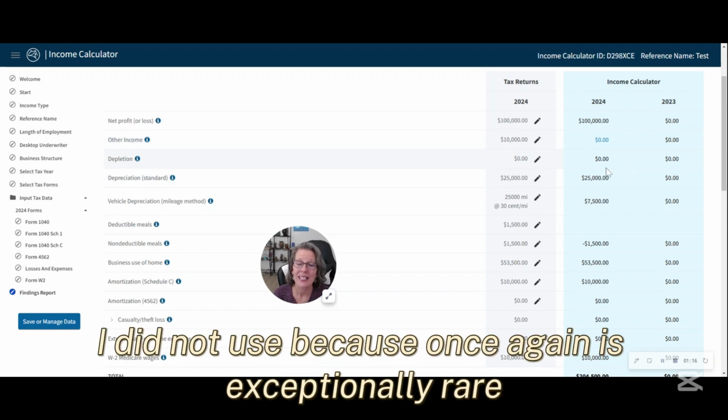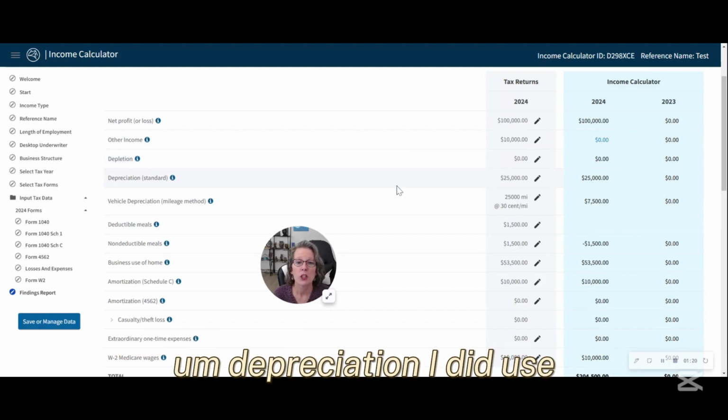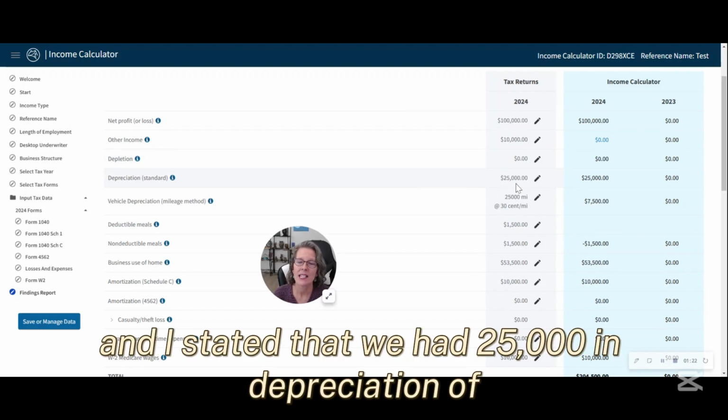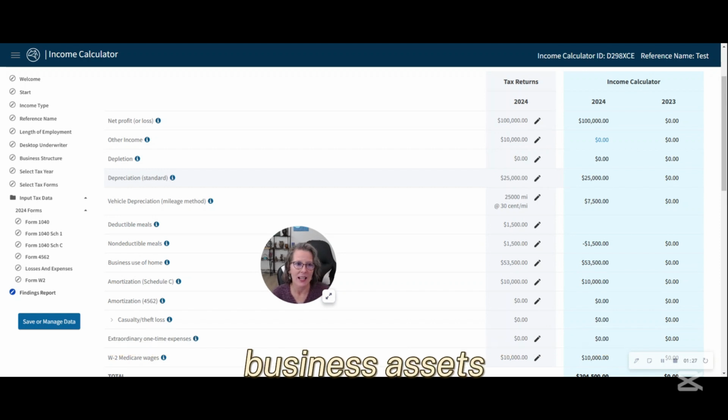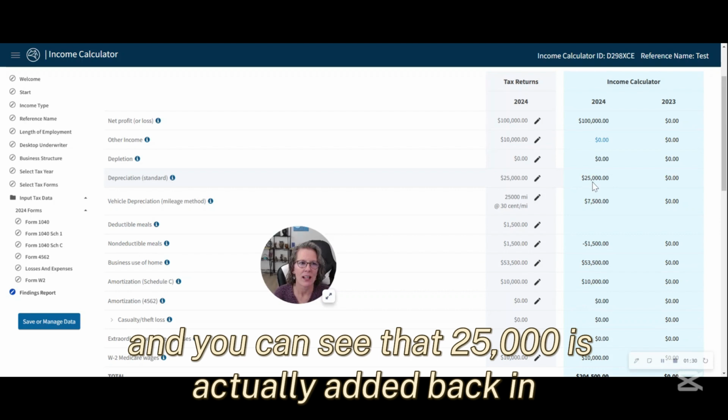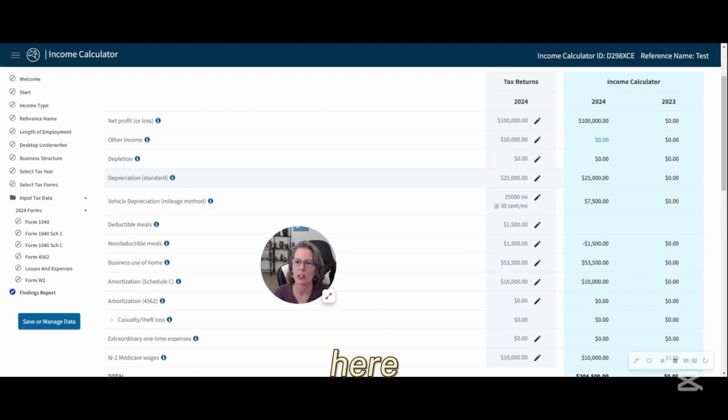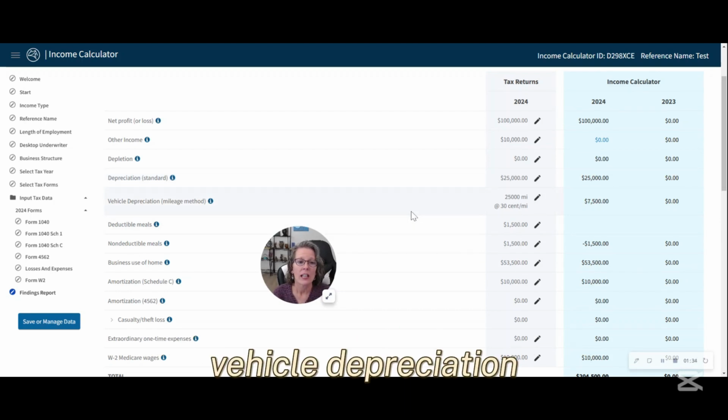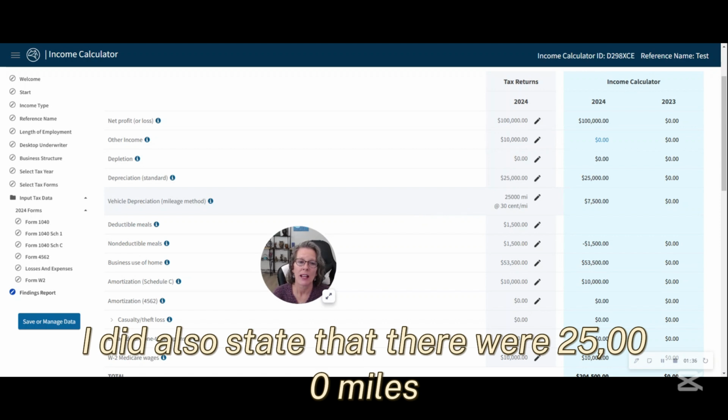Now, depletion I did not use because once again, it's exceptionally rare. Depreciation I did use, and I stated that we had $25,000 in depreciation of business assets. And you can see that $25,000 is actually added back in here. Vehicle depreciation, I did also state that there were 25,000 miles.